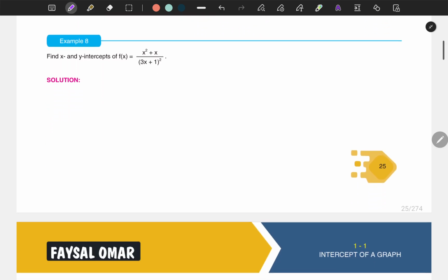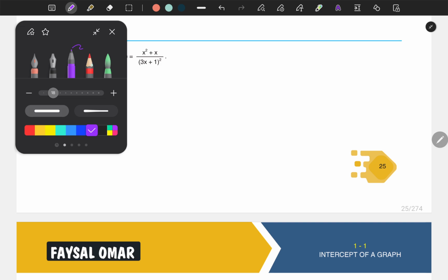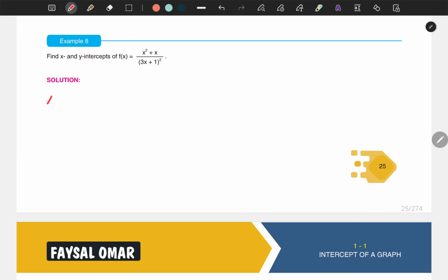Okay. Next question. Again, find the x and y intercept. Okay, for the x-intercept, y must be equal to 0, isn't it? So 0 is equal to (x squared plus x) over (3x plus 1) squared. Here we have a 1, isn't it?